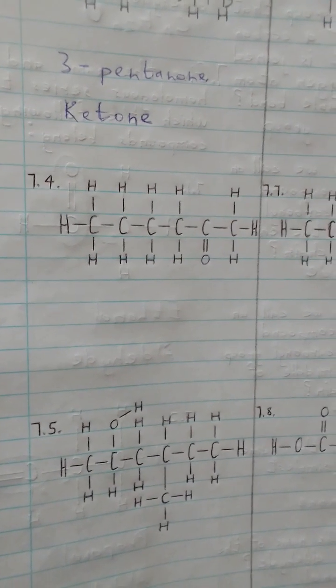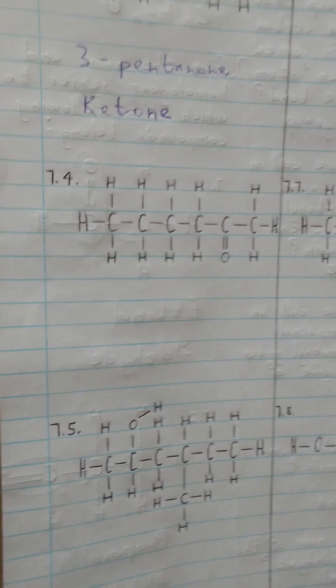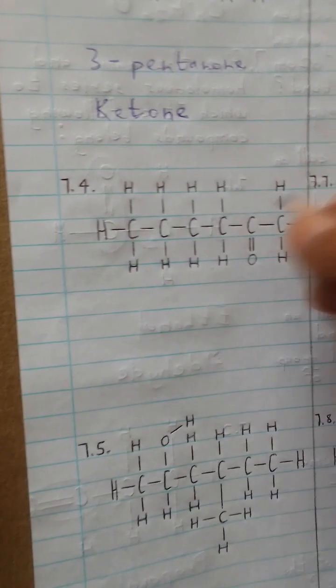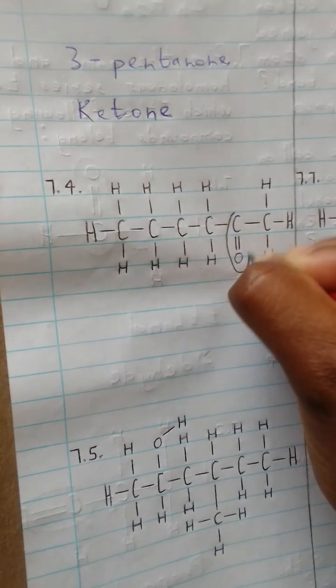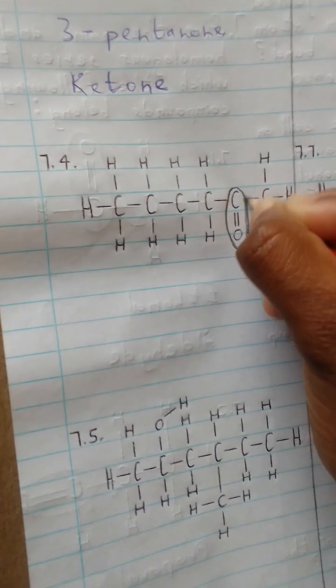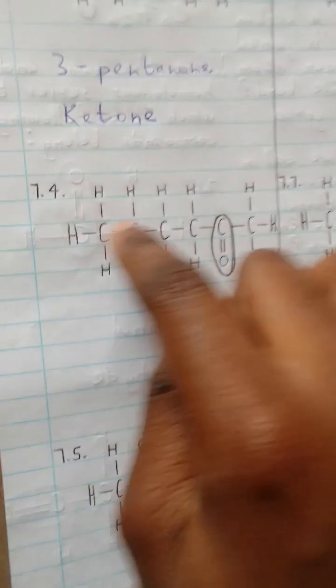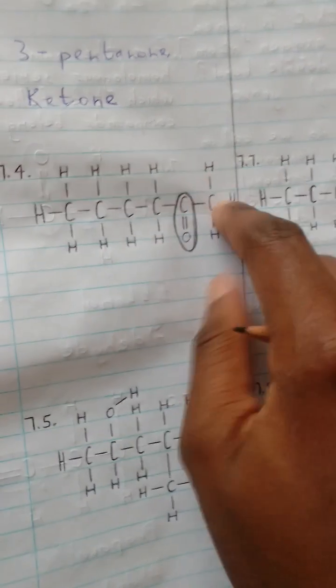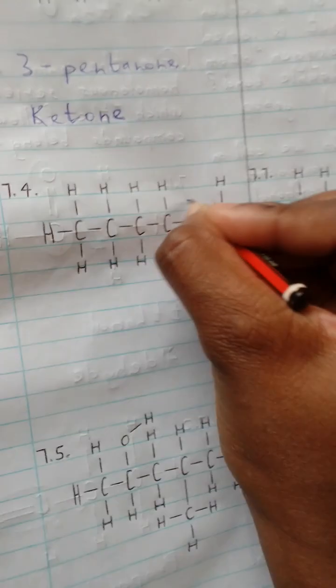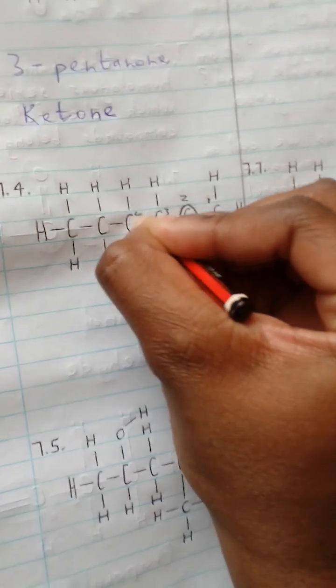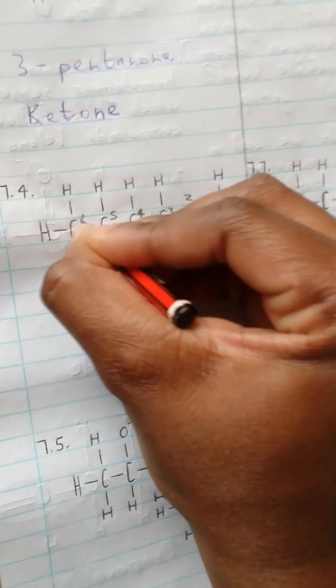7.4, you have that molecular structure. Once again, we have a carbonyl group, C, C. So it's a ketone, right? If we start here, 1, 2, 3, 4, position number 5, 6. If we start here, 1, 2. So it's going to be 1, 2, 3, 4, 5, 6.